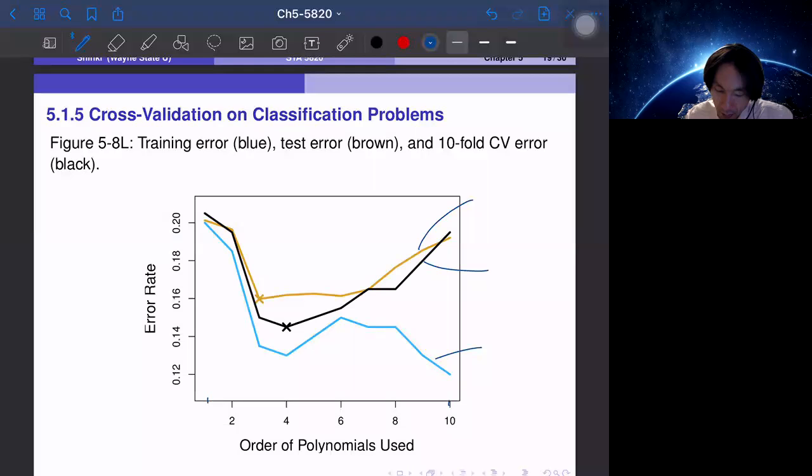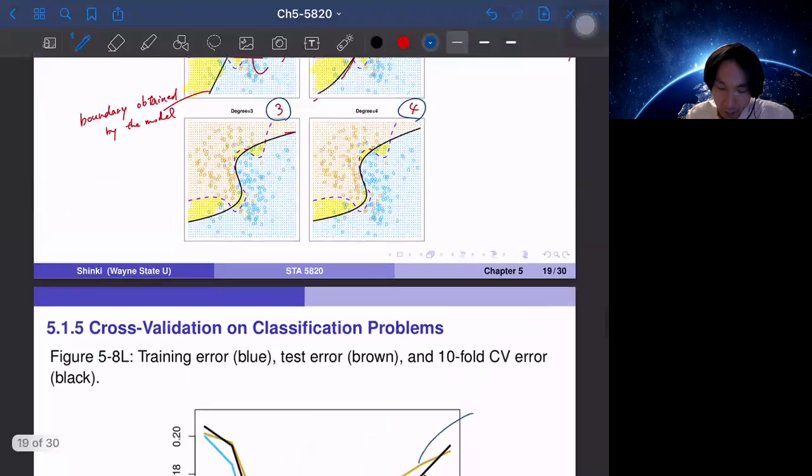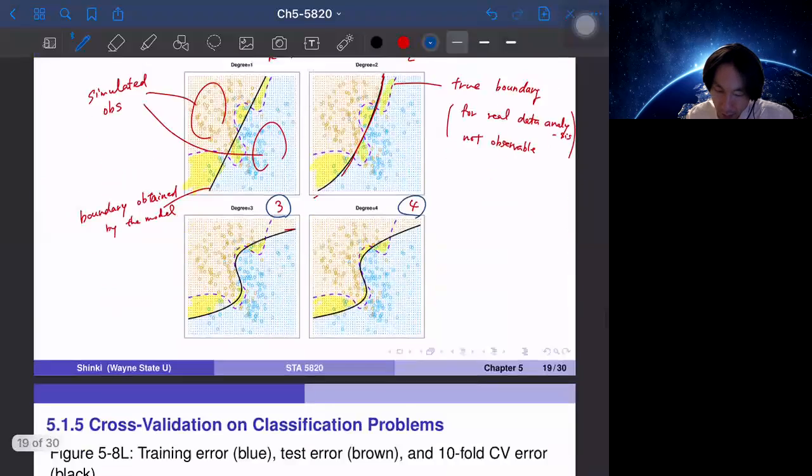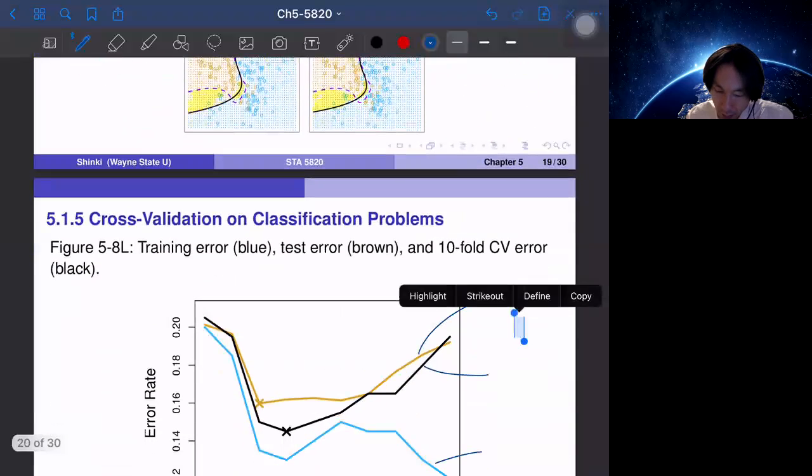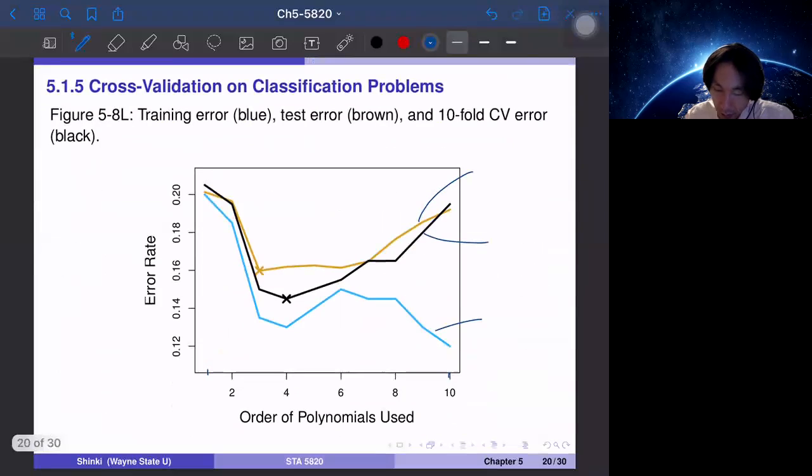Test error. Sorry, I think probably this is not so. The black one, I think that this is the truth. This is the test error by CV, and this is training error by CV.